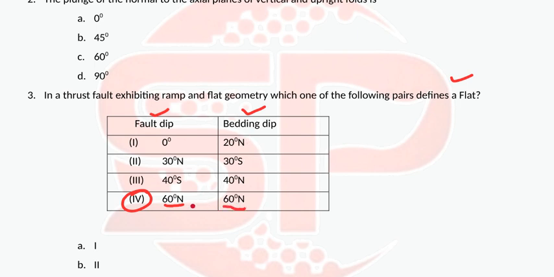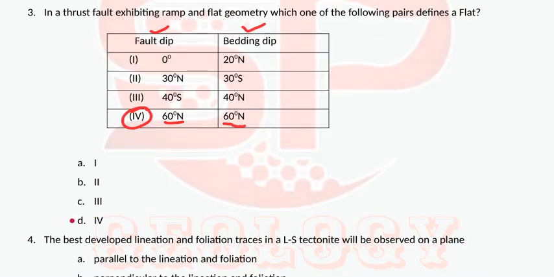So that will be parallel, and in this condition they are considered as flat. Flat is not always horizontal. It is on the basis of bedding. If the fault plane is parallel to the bedding, then it will be considered as flat. The answer will be IV, that is D.